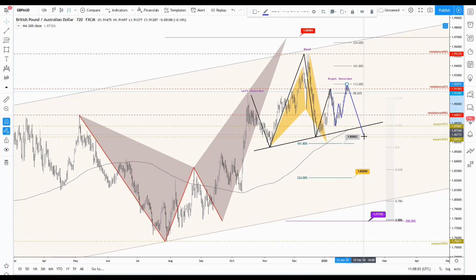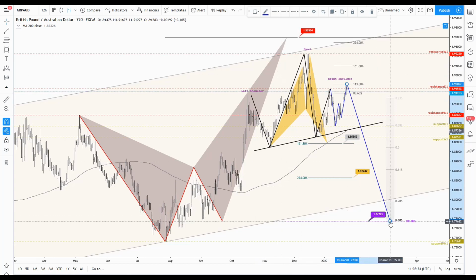Breaking below this weekly support may trigger more bearish momentum. We have the default projection below the broken neck at the 200% fib, 177.72.